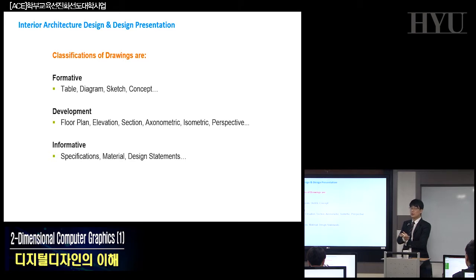Hopefully, you have already learned those development drawing types in drafting course, probably. Anyway, there are also some more drawing types, informative: architectural specifications, material charts, design statements, and so on. They are kind of informative, additional drawings, usually on top of the floor plans or sections, and so on.